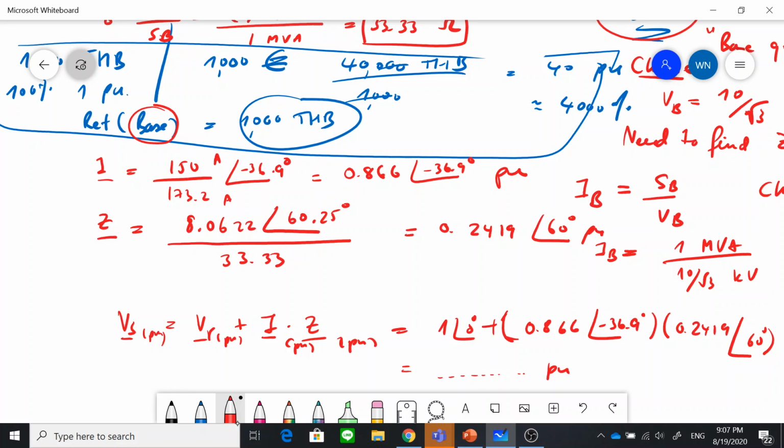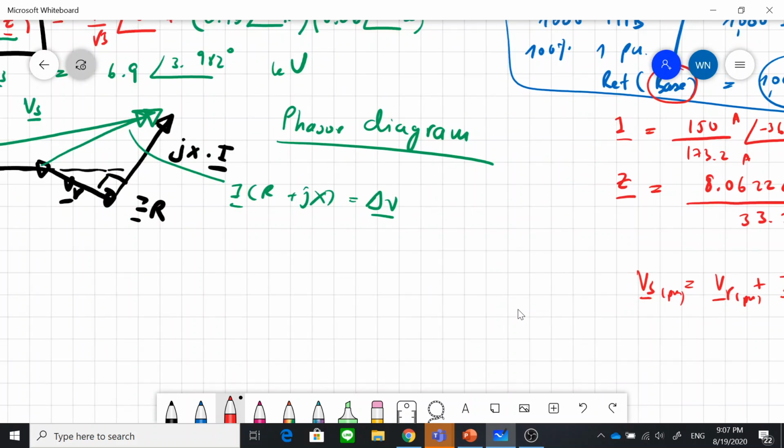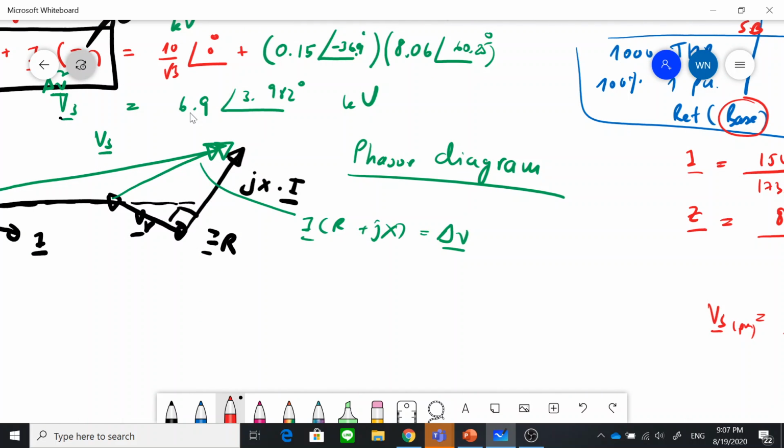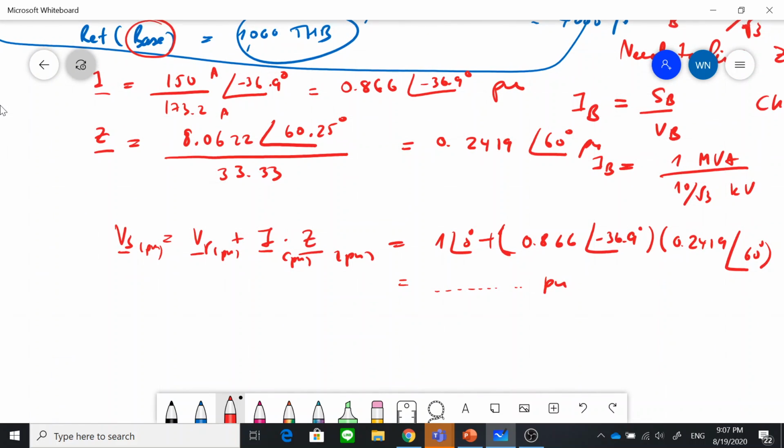I want to reconvert. I have to convert this per unit quantity back to the original value, because I want to compare whether or not it is equal to the value we already computed, which was 6.9 at an angle of 3.982. Now the thing is, you get the percentage, and you want to change this value to be how much in kV.